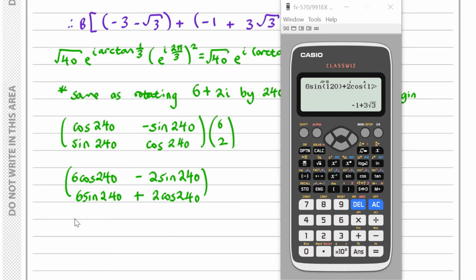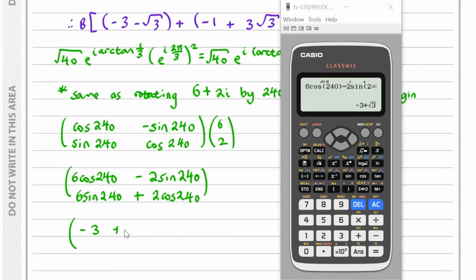Okay, so if we work this out, we have 6 times the cosine of 240 minus 2 times the sine of 240. You'd find we get minus 3 plus root 3.